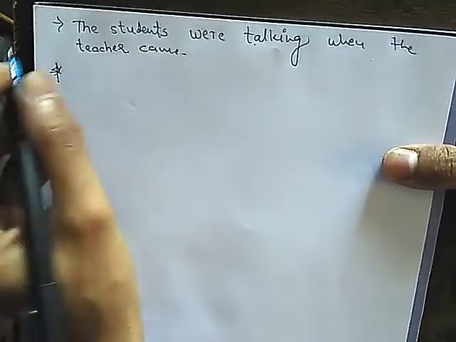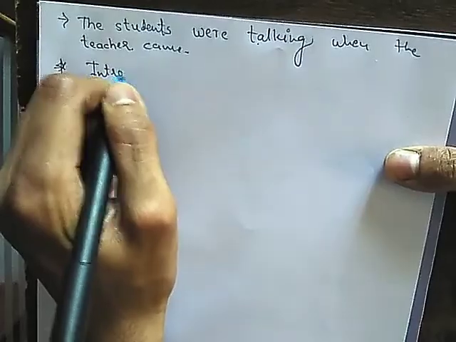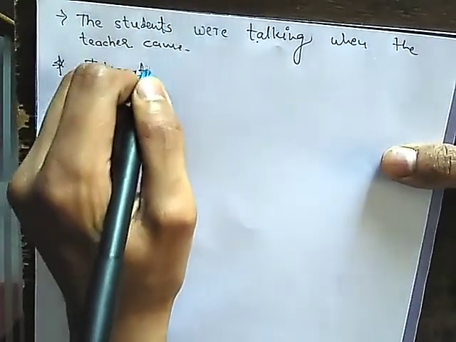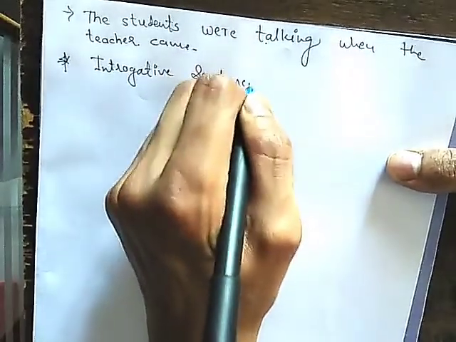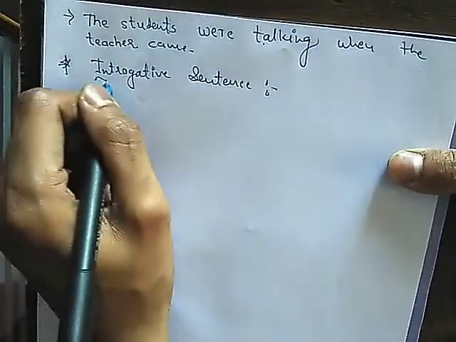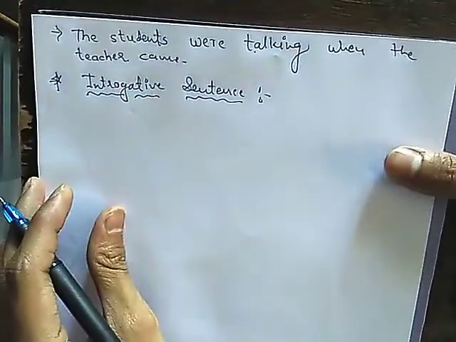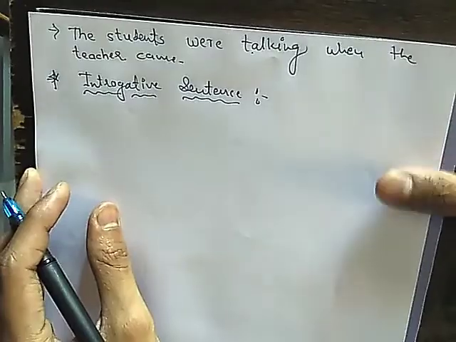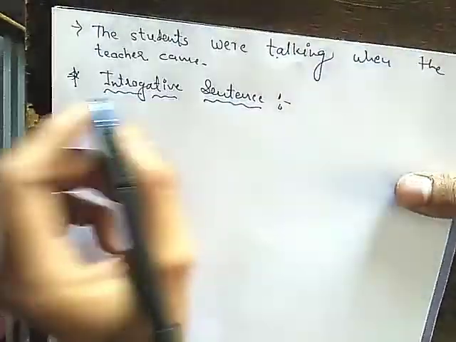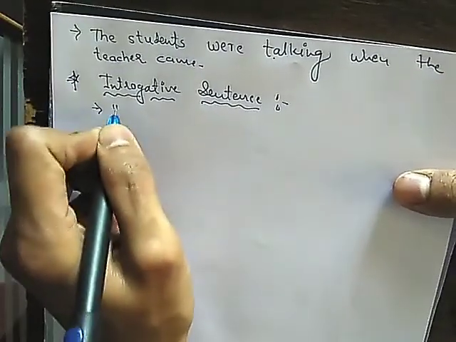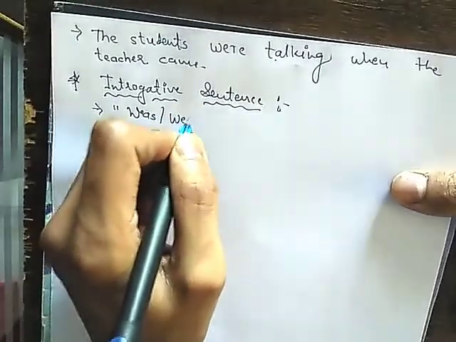Now let us move ahead with interrogative sentences. How to make an interrogative sentence as far as the past continuous tense is concerned. Here, in order to make an interrogative sentence, you have to use was or were.